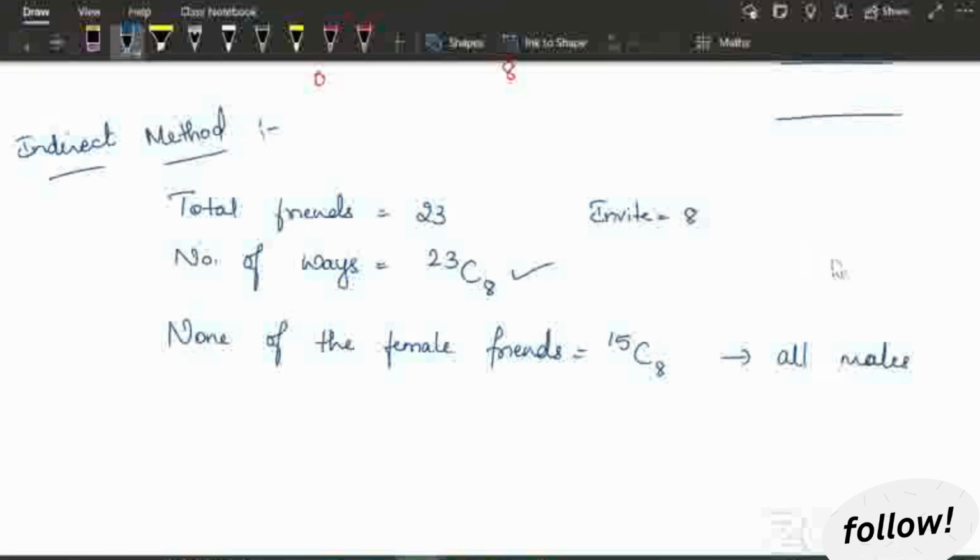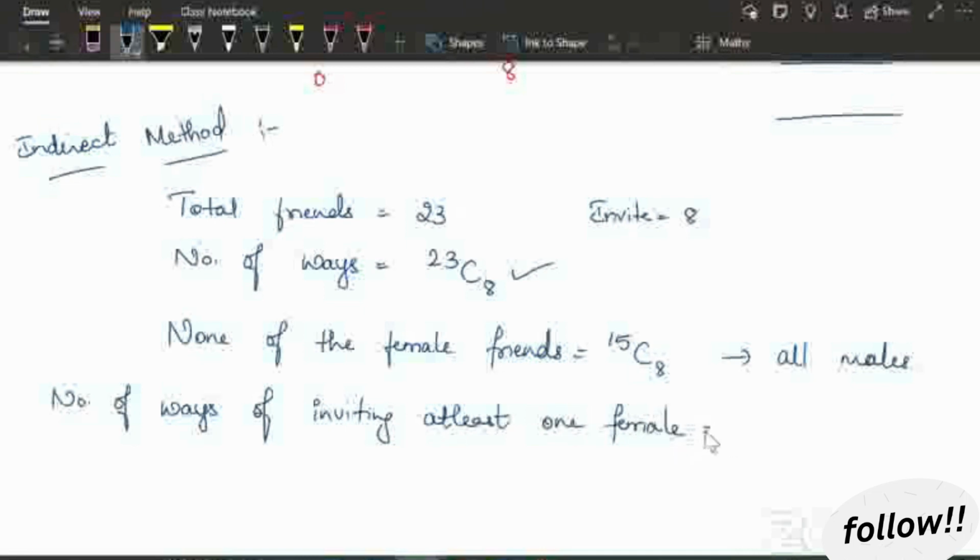Now, if I remove this from the total possibilities, then I will have all those teams which have 1 female, 2 female, all 8 females, everything included. So, the number of ways of inviting at least 1 female is equal to total ways, from this you subtract all male ways. That gives you the answer.